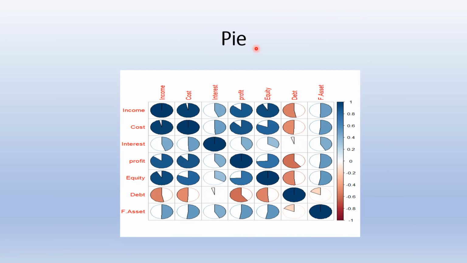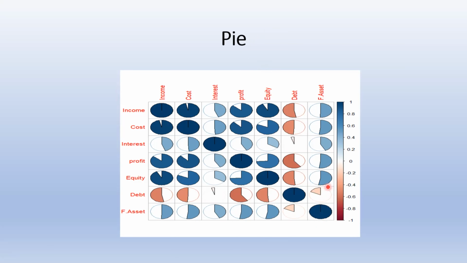Now coming to the pie method. These pies are filled clockwise for positive values. So these are positive values, and they are filled clockwise, and for negative values in this area, they are filled anti-clockwise. Here you can see they are filled anti-clockwise.